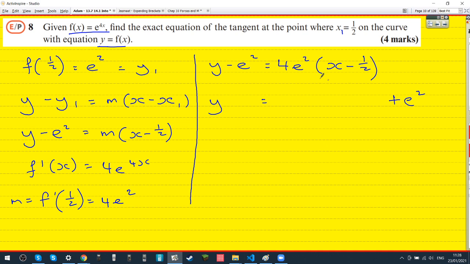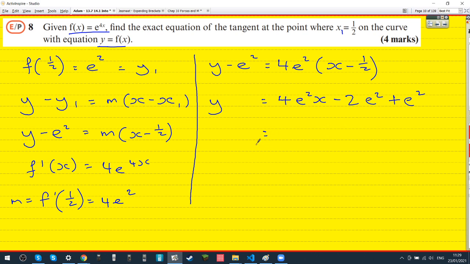plus e squared. What would you get if you expanded the bracket? 4e squared x and then minus 2e squared. And simplify. Okay.